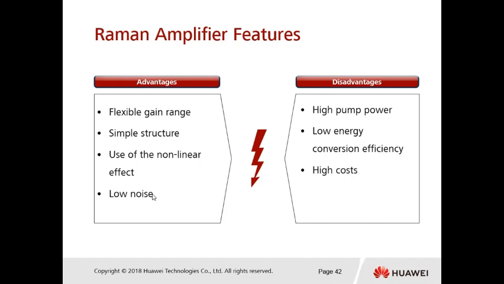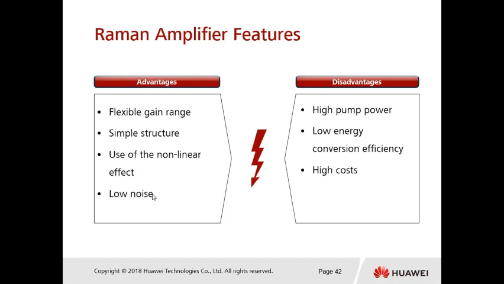And the Raman amplifier can give your service very low gain, only 10 dB. But EDFA can give your service very high gain, right? And the cost is not very high for EDFA, but the cost is very high for the Raman amplifier. There is no need for too much energy to make EDFA run, but we need a lot of energy to make the Raman amplifier produce the Raman effect, which is a nonlinear effect, right? So that's almost all the big differences between the Raman amplifier and EDFA.